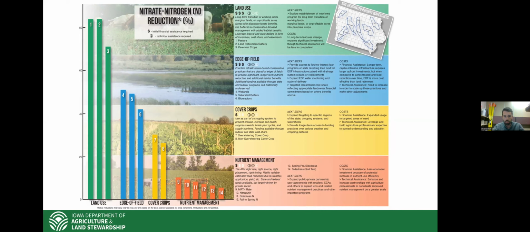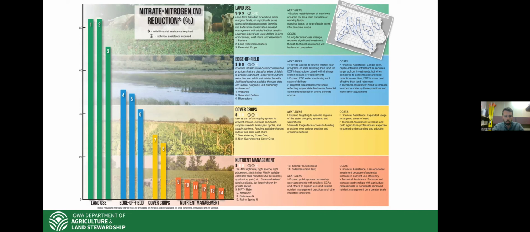The reason I wanted to share this first slide, even though it may be a bit of repeat information, is to show that there's no silver bullet for conservation. Different practices provide different opportunities and may fit different landowners, farmers, and operations. The y-axis shows our percent or anticipated nitrate reduction, and the x-axis categorizes four of the main categories of practices within the nutrient reduction strategy.